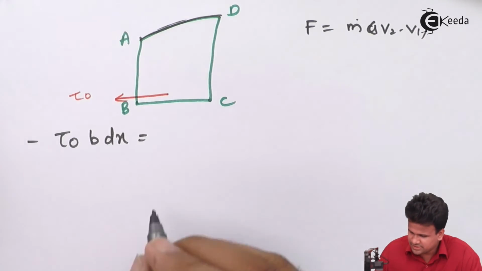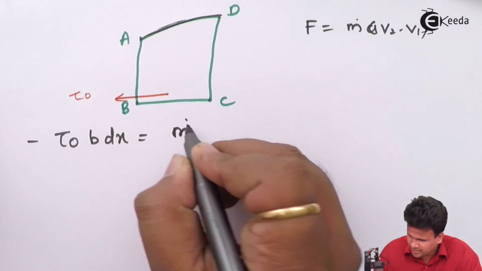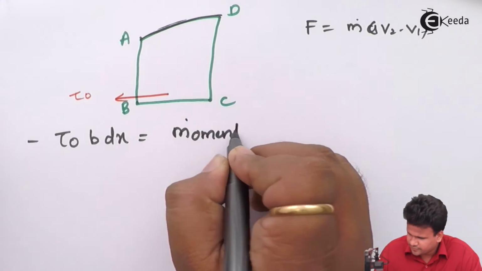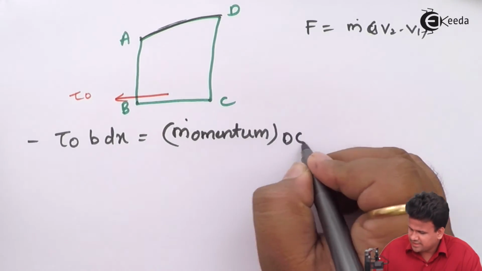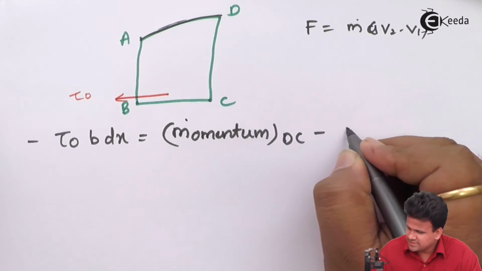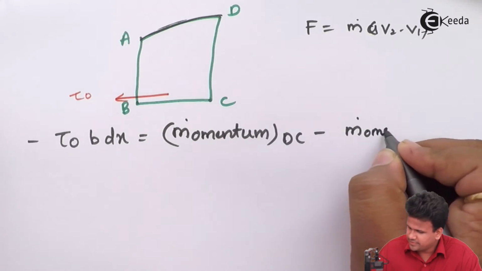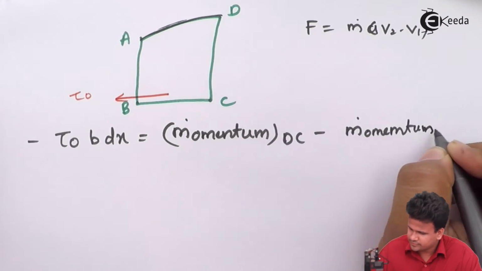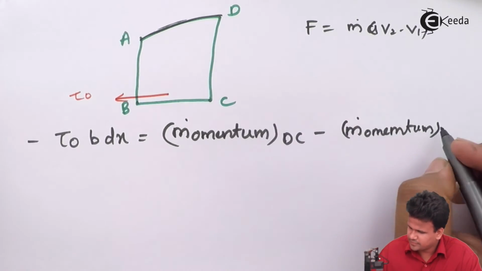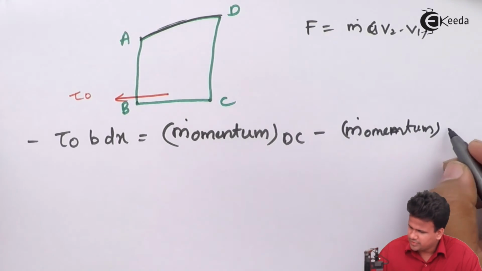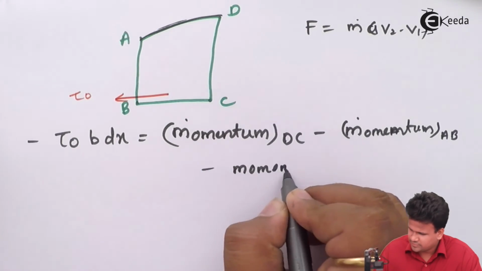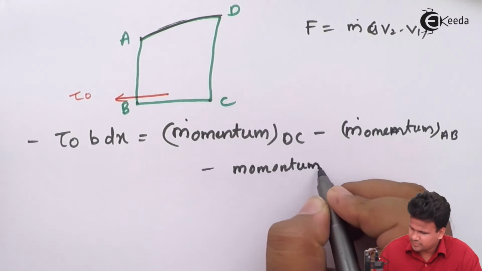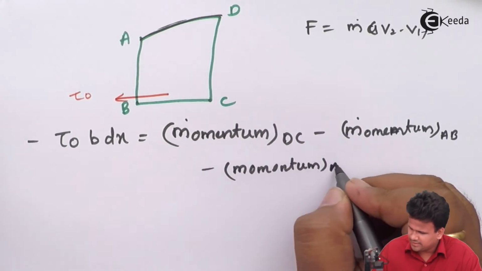So let us write this down: the momentum through DC, that is the final momentum, minus the initial momentum through AB, minus the momentum through AD.